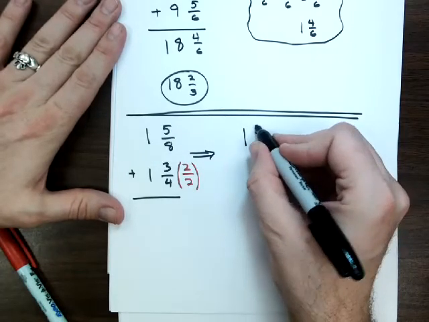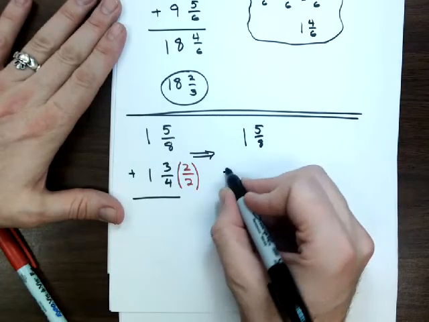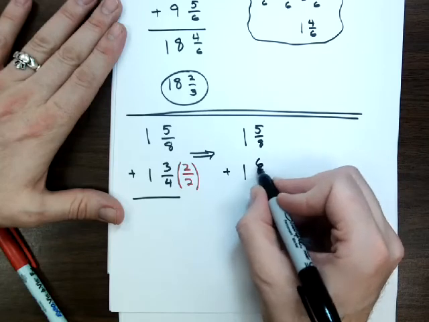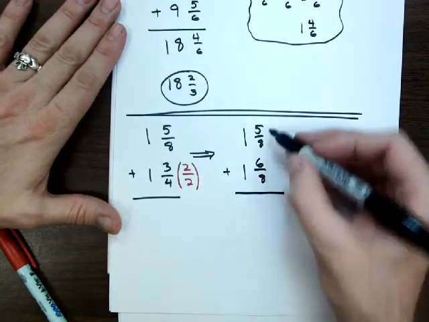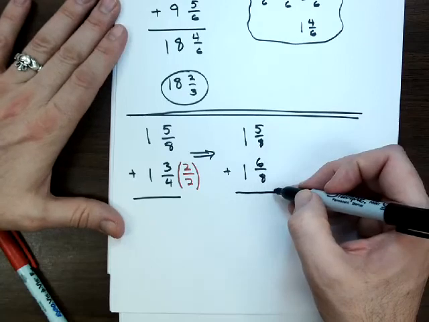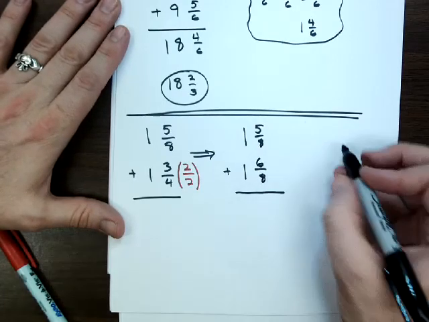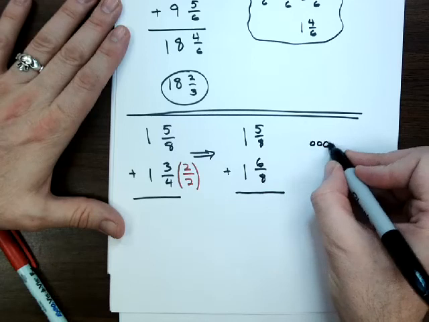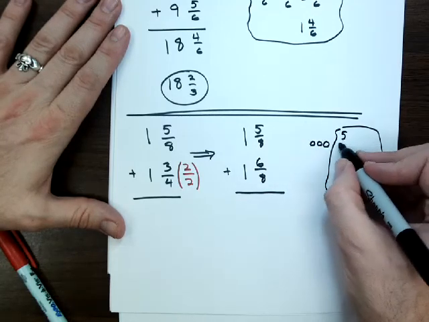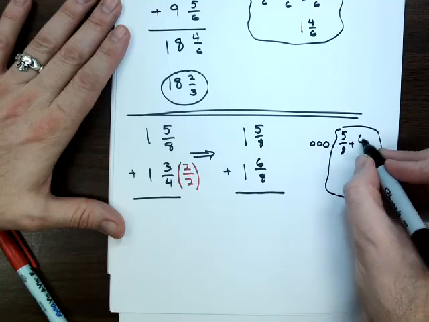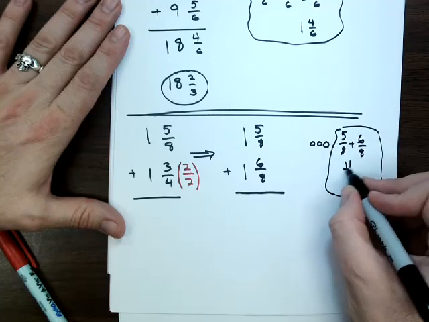So 1 and 5/8 plus 1 and 6/8. Now I can go ahead and add these two fractions. But again, I've got an improper fraction there. 5/8 plus 6/8 is 11/8.